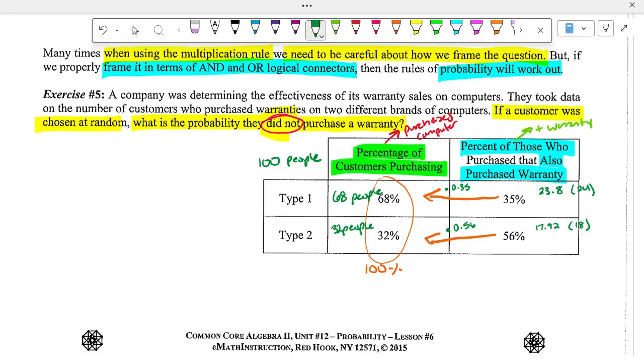Now we want to know how many did not buy the warranty. So let's think of it this way. Okay, we got the number of people that purchased. We want the ones that did not buy the warranty.